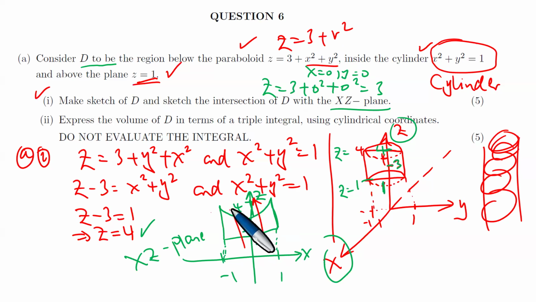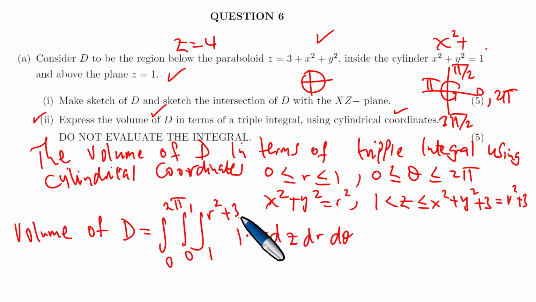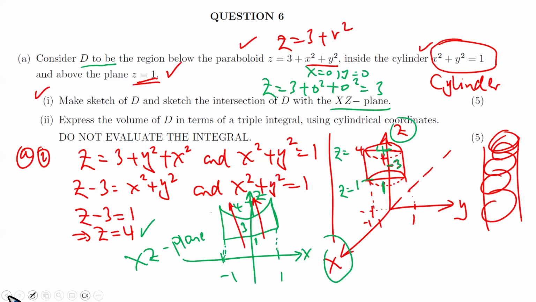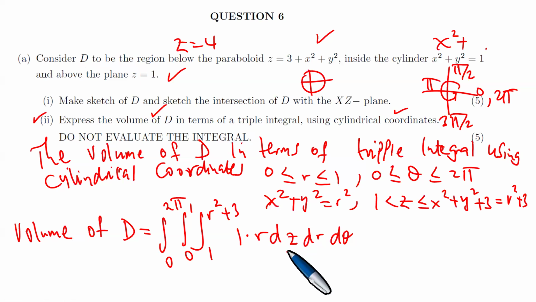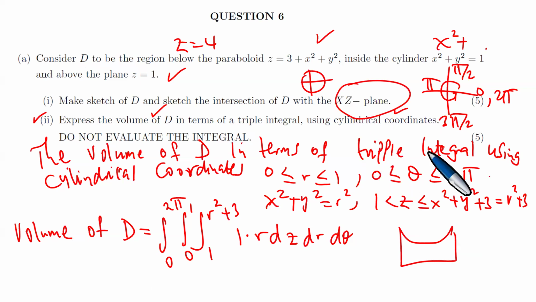Because the paraboloid, an arrow that penetrates the region, is going to meet this region at a section of the paraboloid, which is a parabola in 3 dimensions. With x squared plus y squared equals r squared, z is equal to 3 plus r squared. That is why z in the cylindrical coordinate system starts from 1 and goes to any part of the paraboloid, looking at the xz plane.